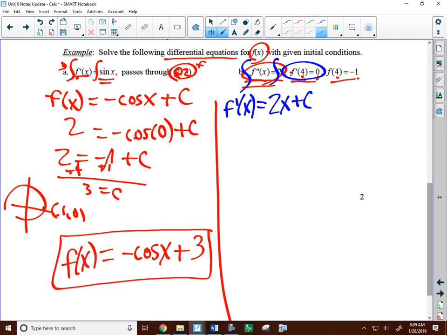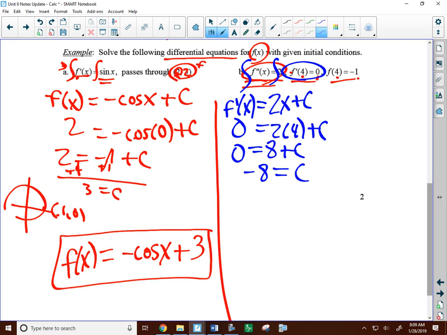So here's the derivative initial condition. So I'm going to plug in 4 for x and 0 for f prime of x. So this will be 8, and so we'll get negative 8 for c. Can you slow down? What did you use for?